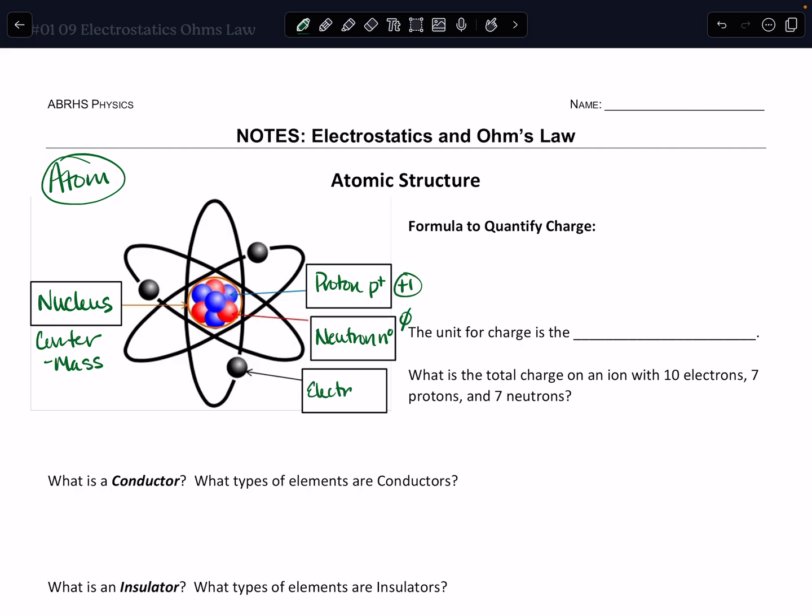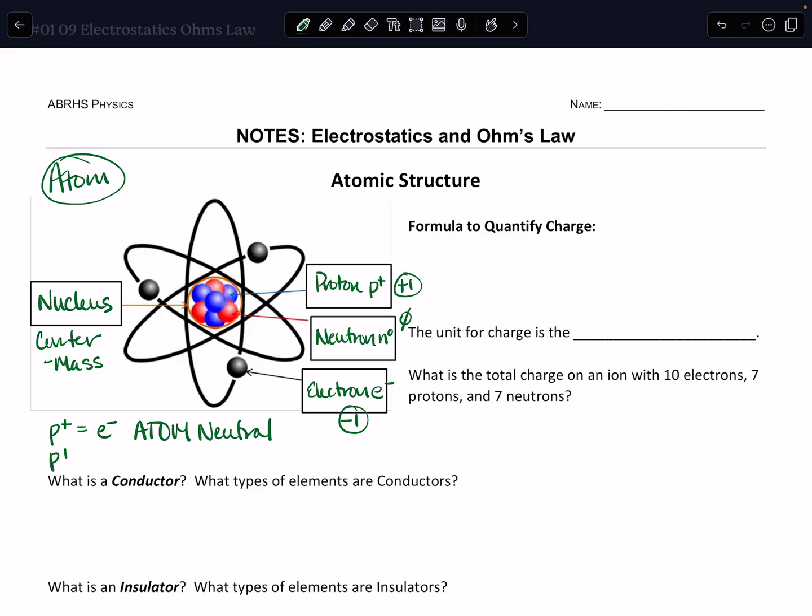All right, so the electron resides outside of the nucleus. E to the -1, it has a -1 charge. So these are three subatomic particles that make up the atom. Now we also learned in chemistry that if the protons equal the electrons, we have an atom, which is neutral.